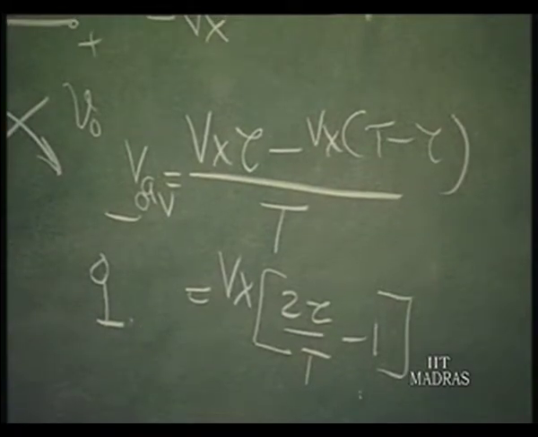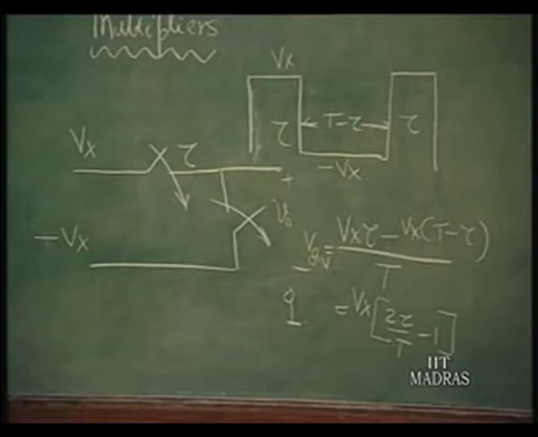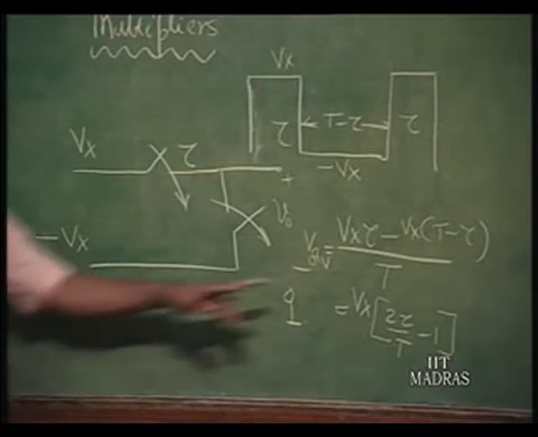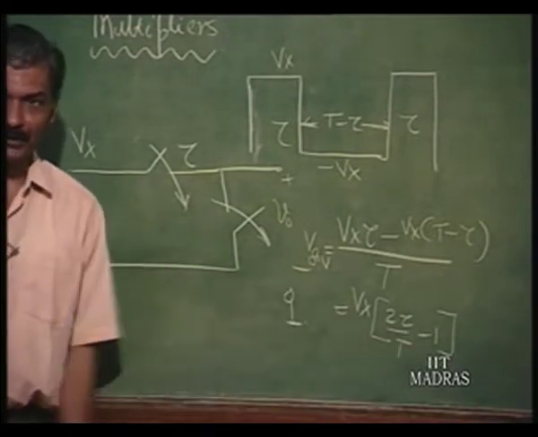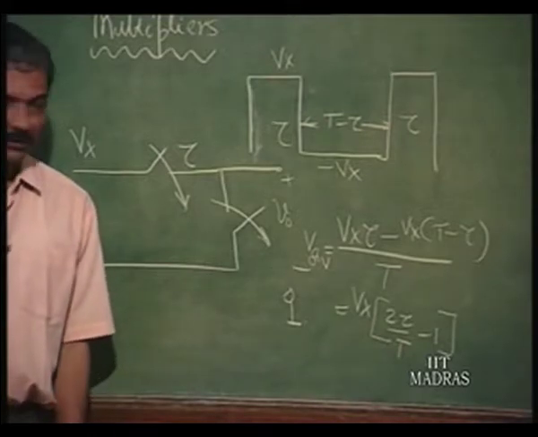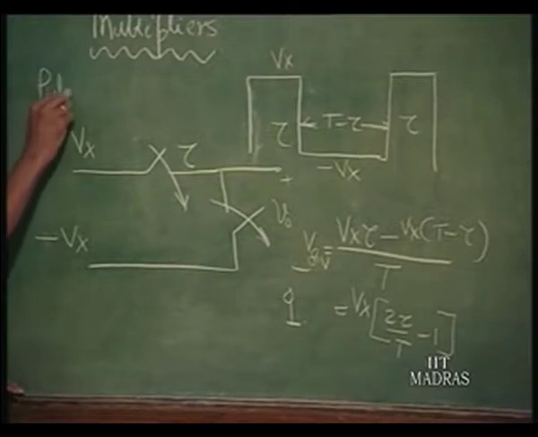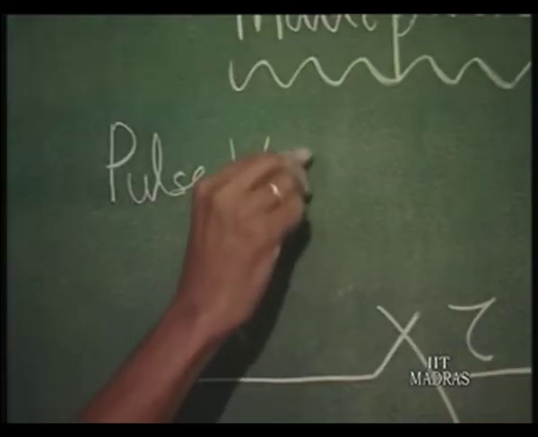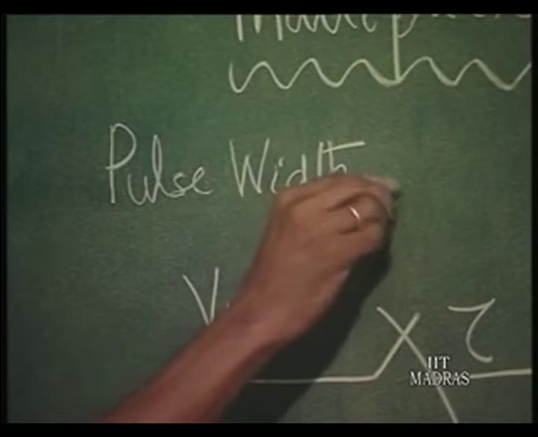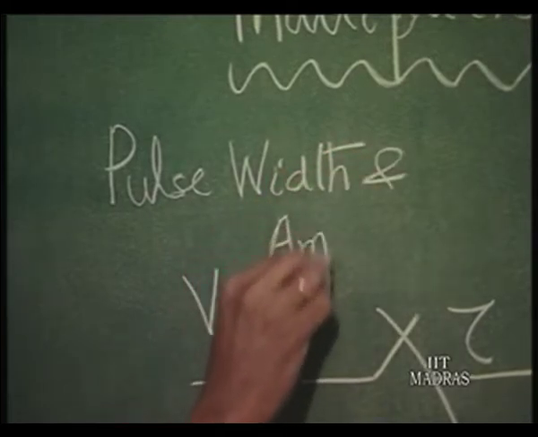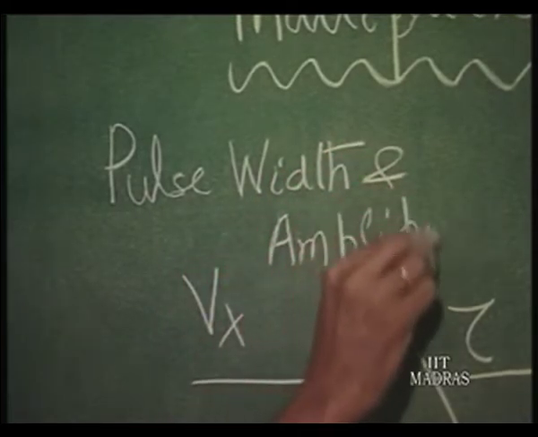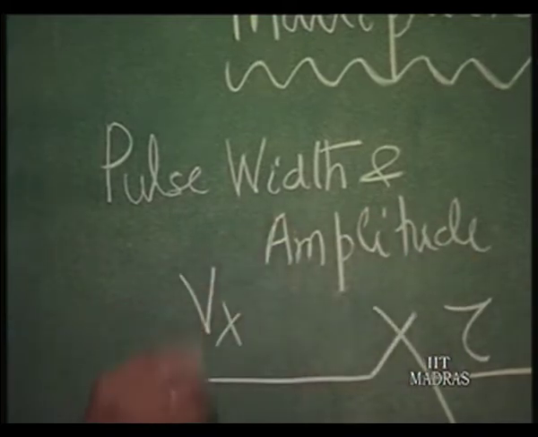So, now I will vary the so-called duty cycle by using another voltage. So, this becomes pulse width and amplitude modulation.